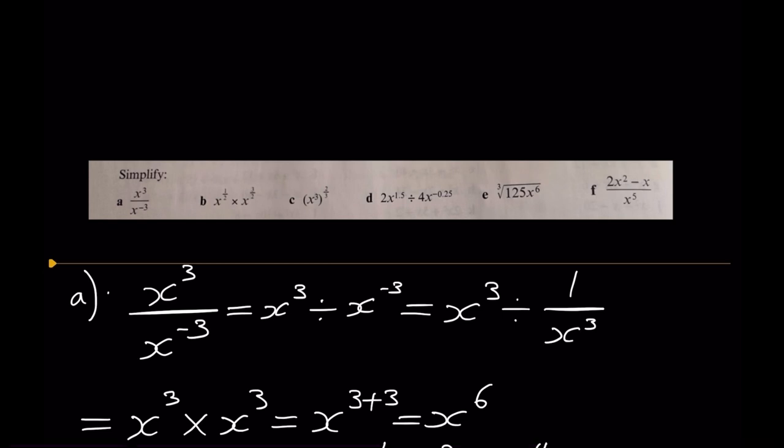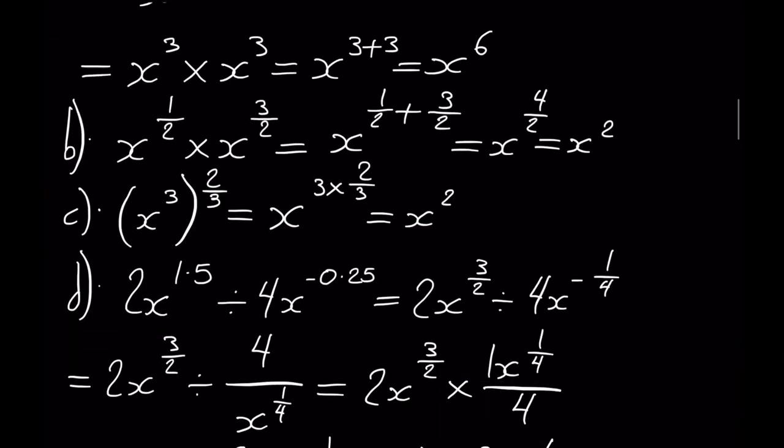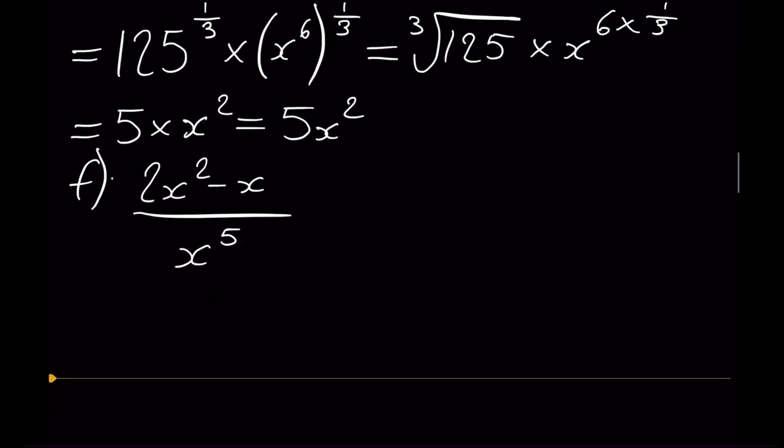Okay, and now for part F, we've got 2x squared minus x, all divided by x raised to the power 5. Now, I would find it useful to rewrite this as we did in the previous video, because each term in the numerator is divided by the denominator.